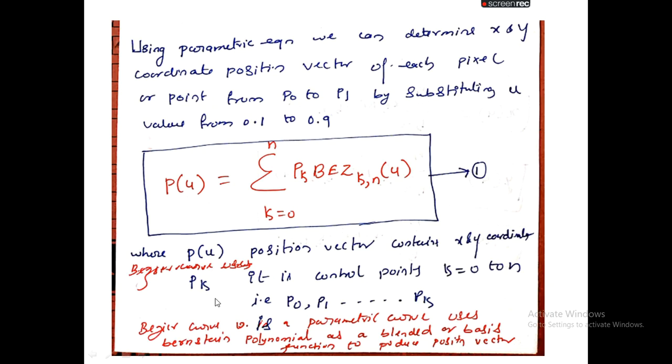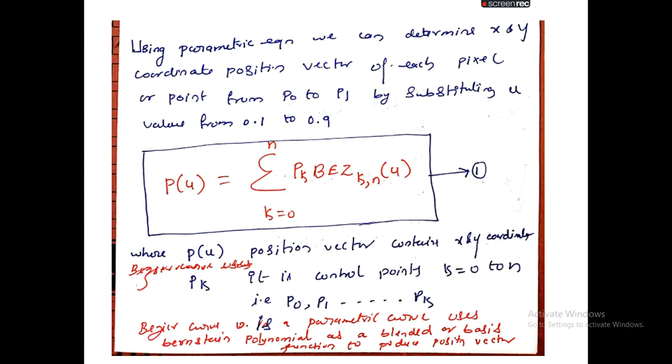P of k is the control points. We are using various types of curves like this here, where P of k is the control points.